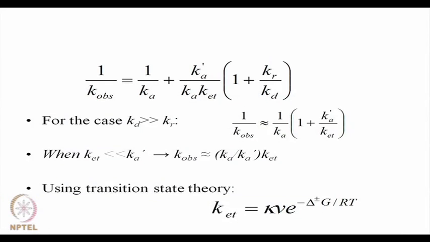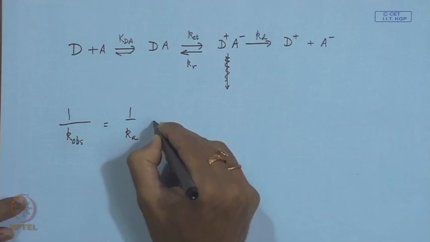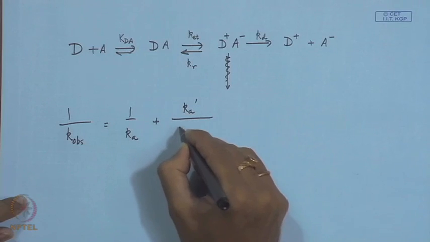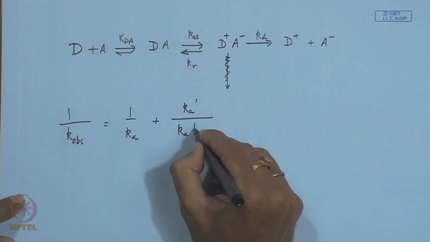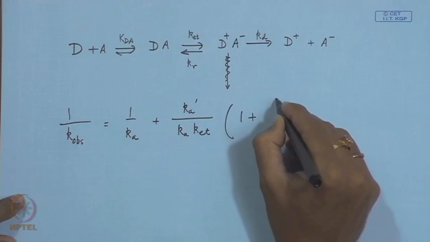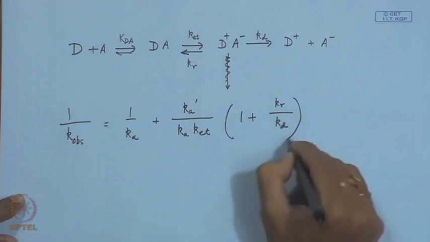Okay. So we can finally write that 1 by K observed is equal to 1 by Ka plus Ka prime divided by Ka KET times 1 plus Kr by Kd.